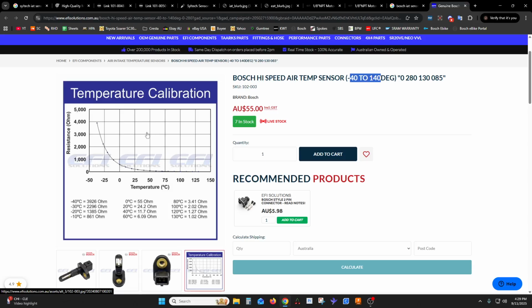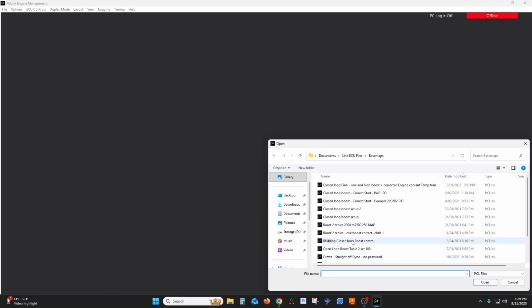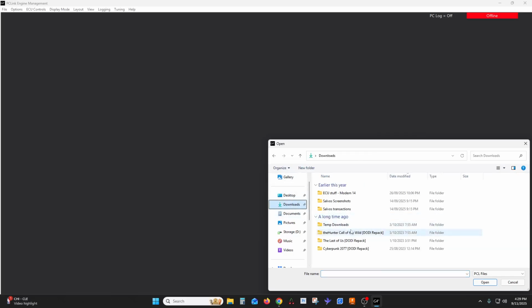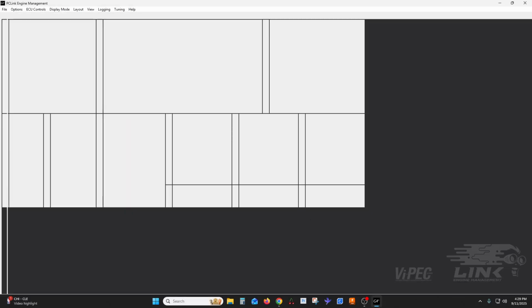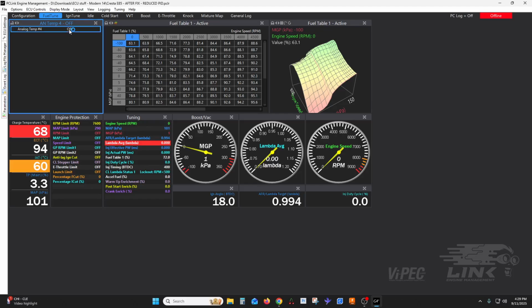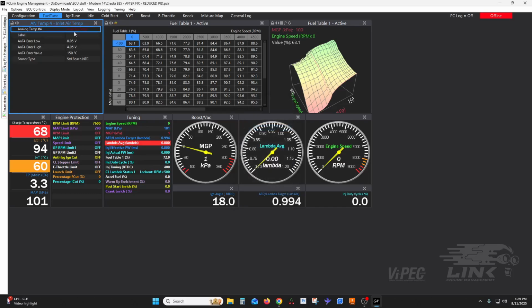And in fact, when you go into your software, let's pull up our software again. Let's just pick this one. Okay, we've opened up our, oh yeah, please don't crash. Okay, we're going to have an air inlet temperature sensor. There we go.